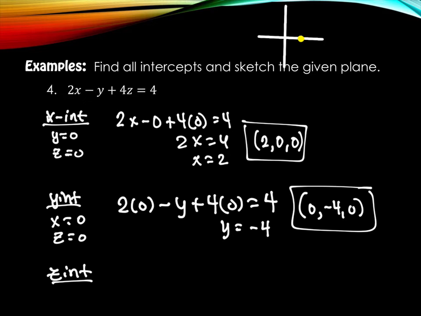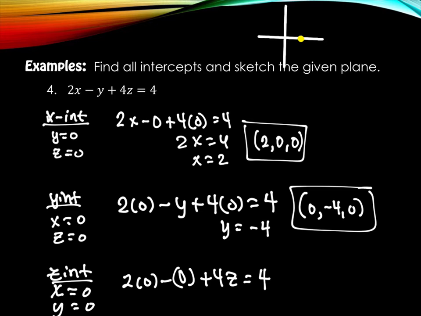And a z-intercept would mean x and y are both 0. So x is 0, y is 0. What is z? Just 1. So this is the ordered triple 0, 0, 1.